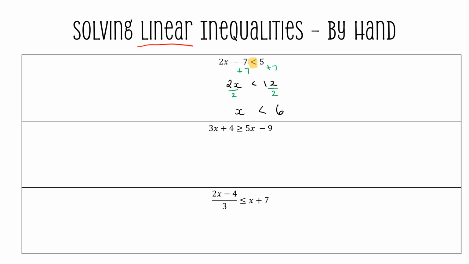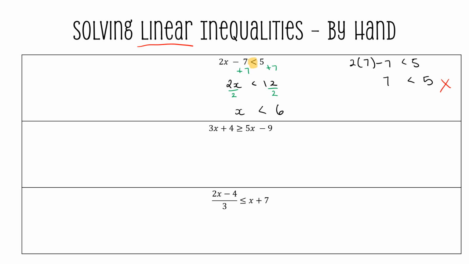Now, I can check that by subbing in, let's say, 7 into that inequality up there. Is 2 times 7 minus 7 less than 5? Well, no, because I've got 14 minus 7, and we know that this here is false. Whereas if I subbed in 6 or 5, it would still match up.